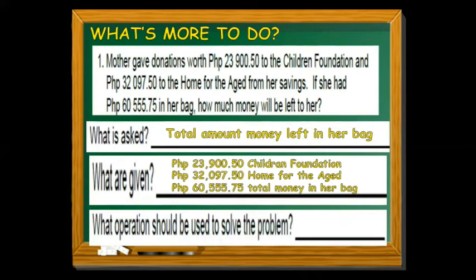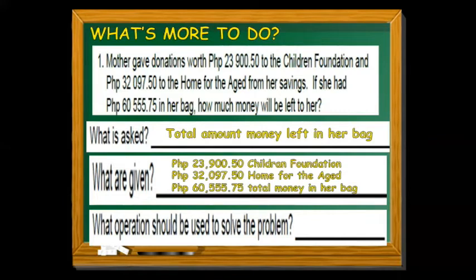So ano nga ba yung operation or mathematical operation na gagamitin natin para ma-solve? Since we are looking sa magkano yung natirang pera, so kailangan nating i-analyze muna ano ba yung nawala dun sa pera niya. So pinag-donate niya, 'di ba? So nag-donate siya sa isang children foundation at saka sa isa pera niya sa home for the aged. So we will add those things.